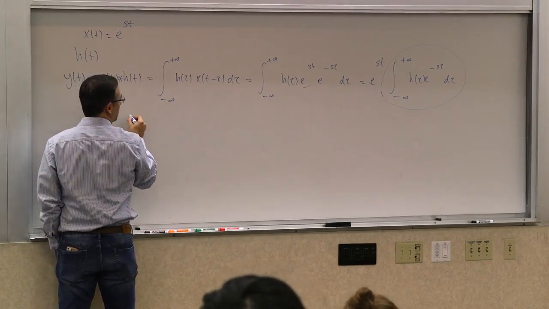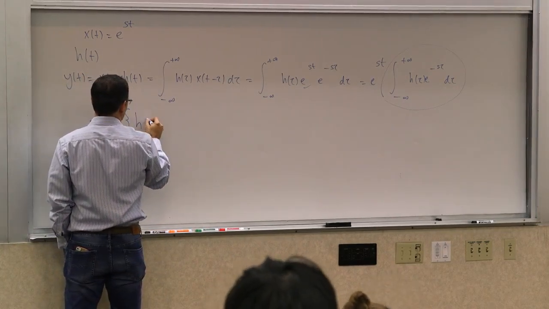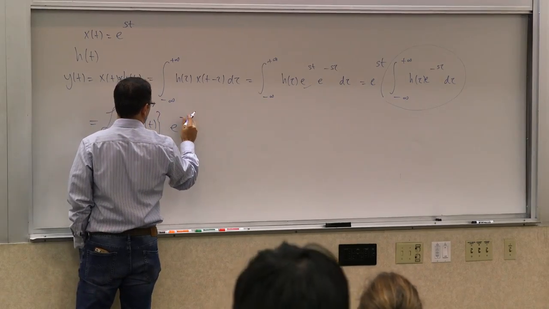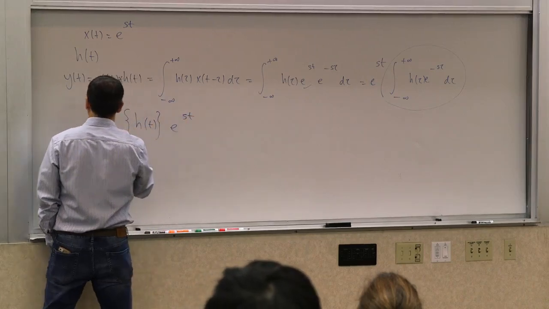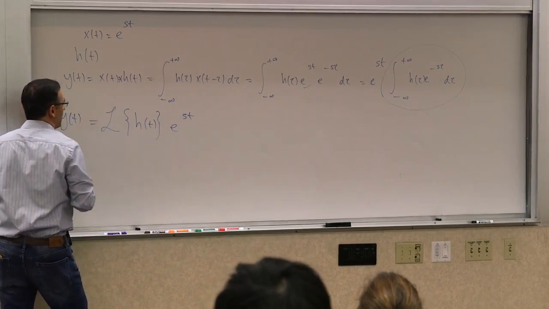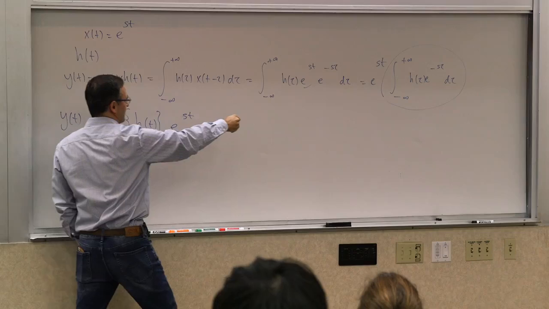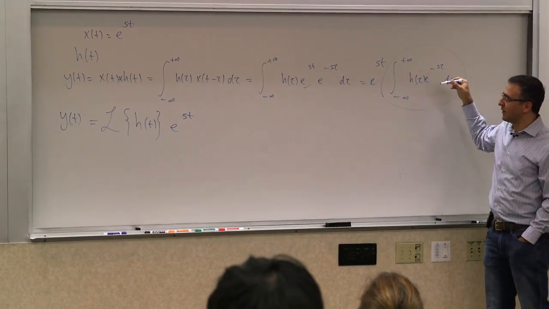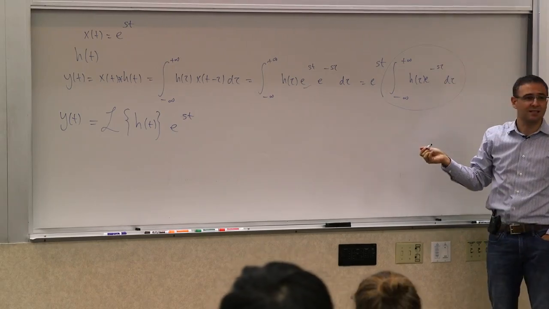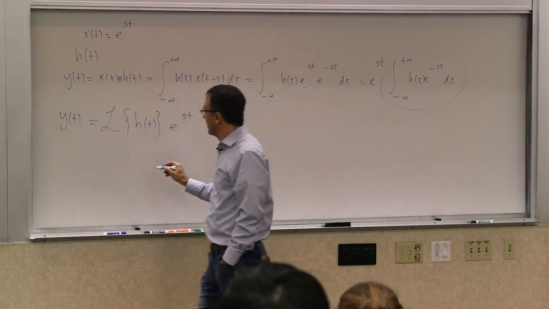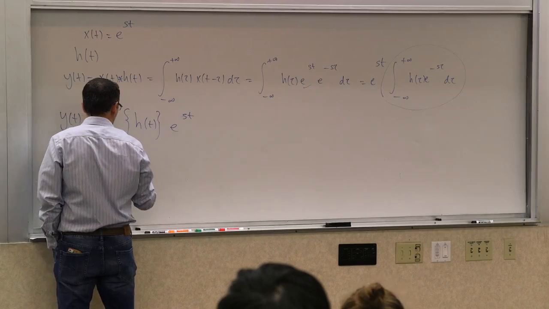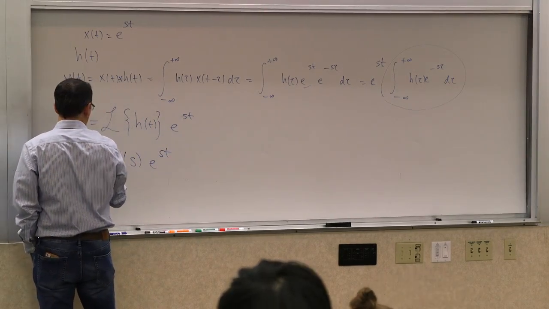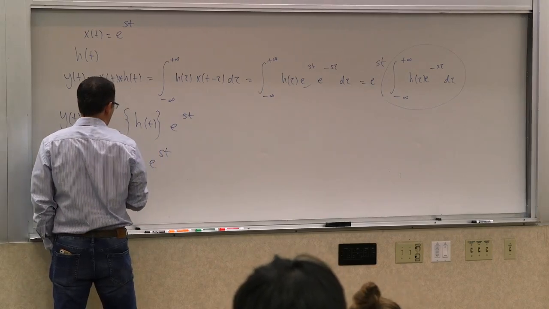I use this notation for it. Whatever that number is, it's going to be a function of s. We show it as h of s, e to the st. It determines what the weight of this thing is.